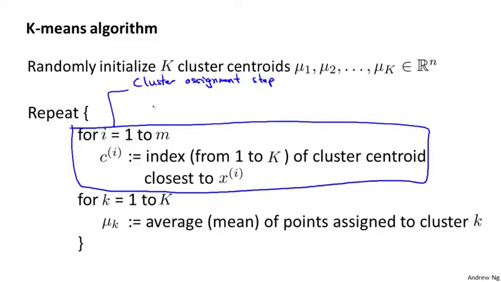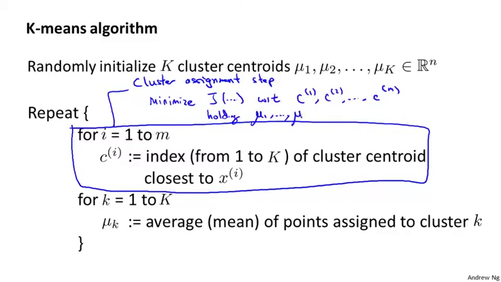And it's possible to show mathematically that what the cluster assignment step is doing is exactly minimizing J with respect to the variables c1, c2, and so on up to cm, while holding the cluster centroids mu1 up to mu K fixed. So the cluster assignment step doesn't change the cluster centroids, but it is exactly picking the values of c1, c2 up to cm that minimize the cost function, or the distortion function J. It's possible to prove that mathematically, but I won't do so here.